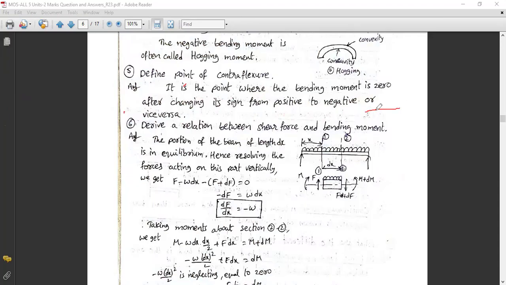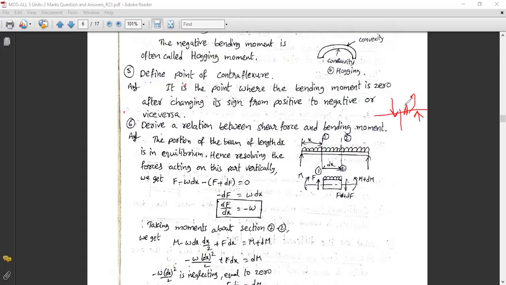For example, a beam is there. If one force is acting vertically downwards here and one more force is acting upwards, definitely this part will go down and this part will go up.